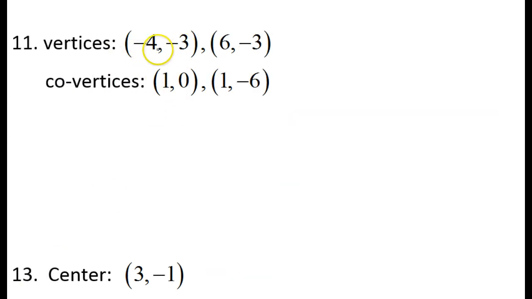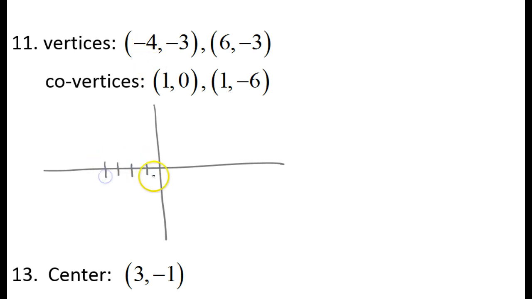Okay, number 11. Again, we're finding the equation of an ellipse, but this time we're given the vertices and the co-vertices. Let's do a sketch. Okay, so -4, comma, -3. So this is -4 and this is -3.